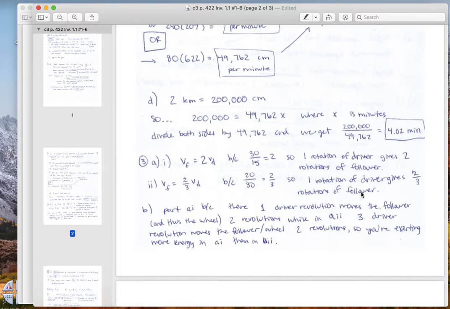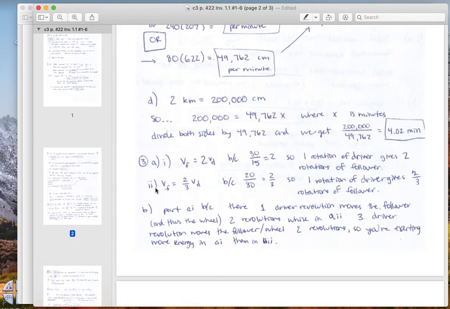So how could you calculate the follower? Well, the velocity of the follower is going to be 2/3 times the velocity of the driver, right? Because one rotation of the driver gives me 2/3 rotations for my follower. Now I think this is where it gets a little bit confusing in terms of writing these equations.